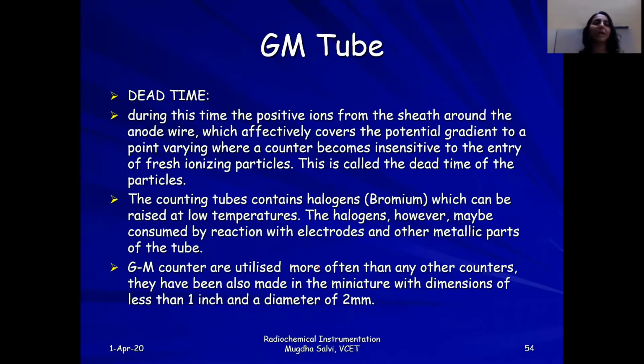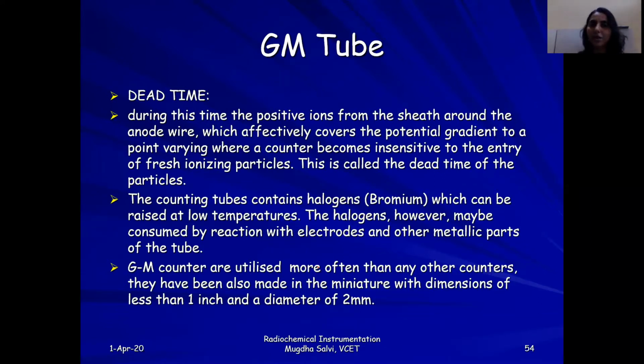One thing to be kept in mind for a GM tube is dead time. As I said, because of the fast ionization, there will be a formation of opposite charges on the anode and cathode. Because of this, there will be no ionization taking place. In this time, we will have to make sure that no radiation particle enters the GM tube.